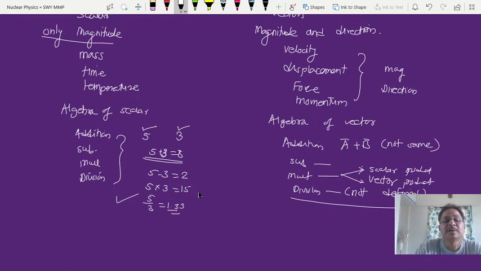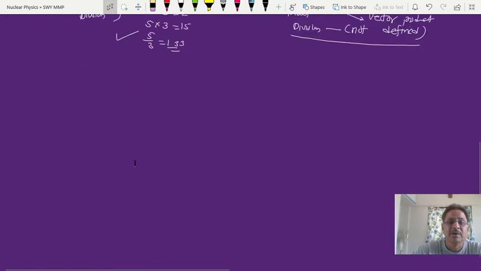In scalar multiplication 5 into 3 is always 15, but in vectors it is not guaranteed it will be 15 all the time. It may have different values depending upon different circumstances. So that is what is to be differentiated between vectors and scalars. Apart from that, we are not going to talk about vector analysis here, because that is the second part of this chapter. We will discuss it in detail when we go further.